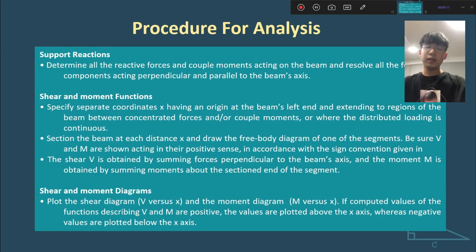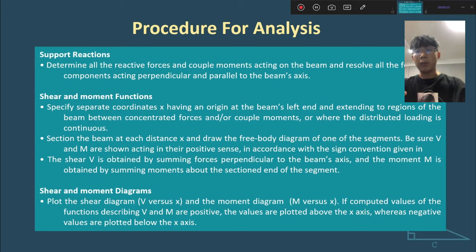So, the procedure for analysis. For the support reactions, we must first determine all the reactive forces and couple moments acting on the beam and resolve all the forces into components acting perpendicular and parallel to the beam's axis.